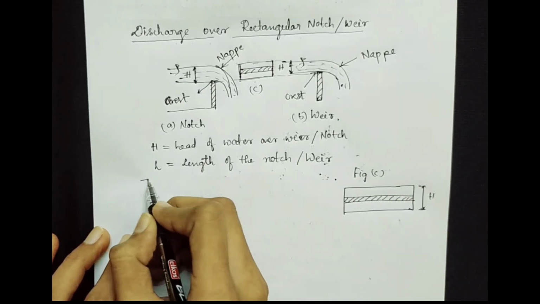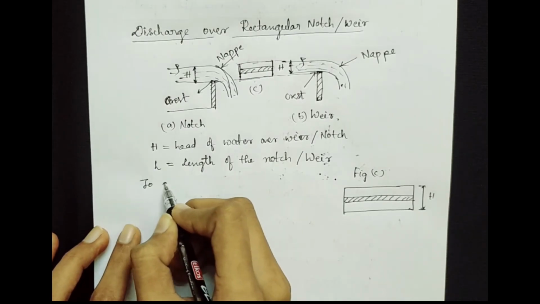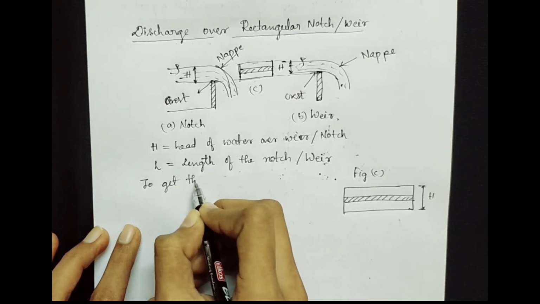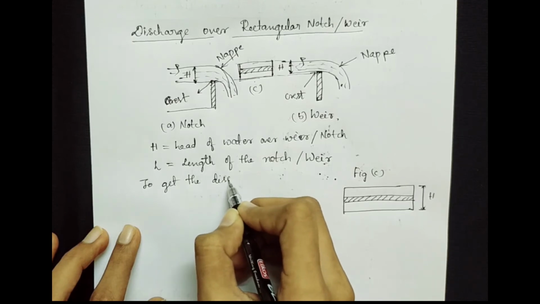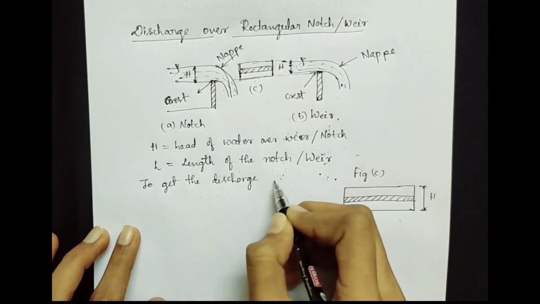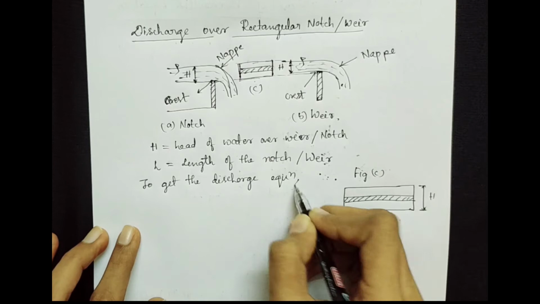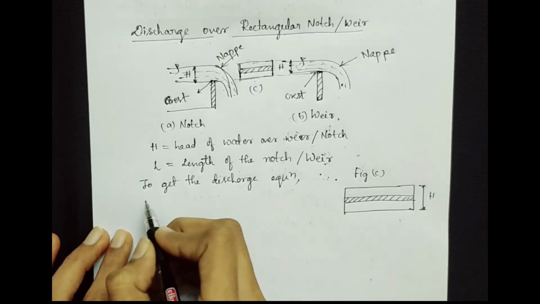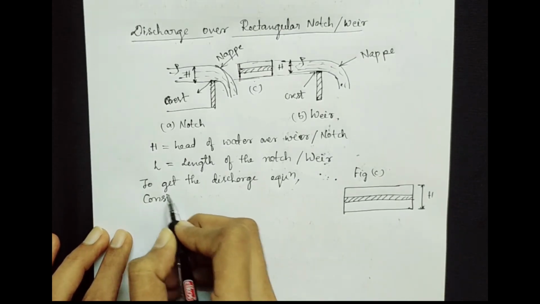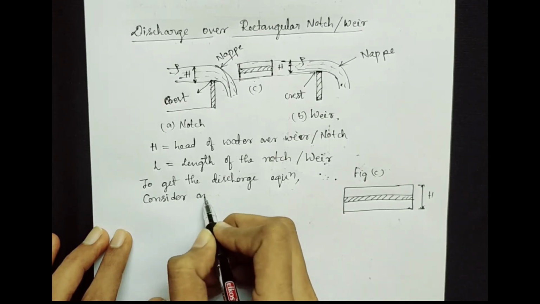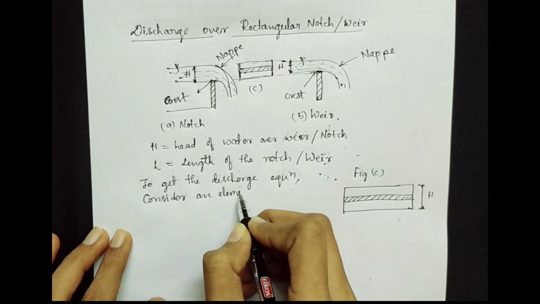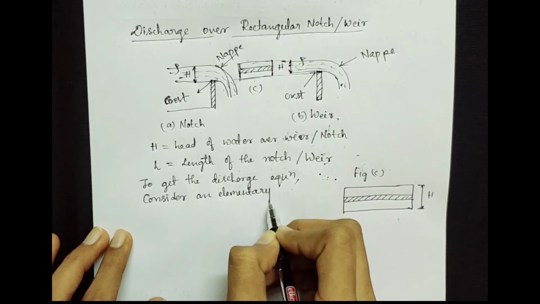To derive the discharge equation over a rectangular notch or weir, first we have to consider an elementary strip of water.